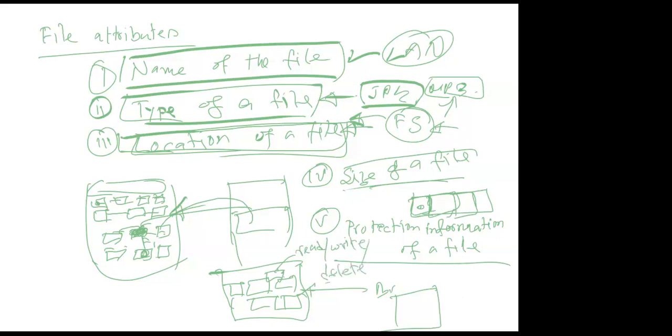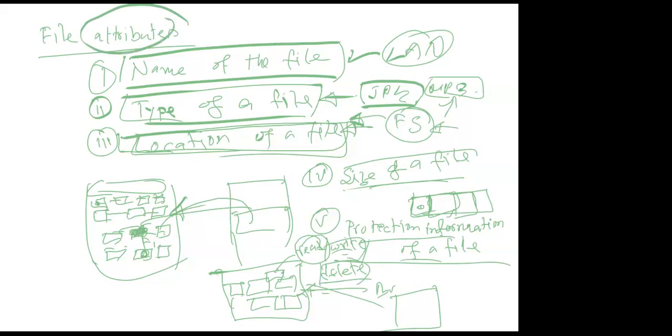If it is a website, my permission should be only to read this file. I cannot write, and I cannot delete. This is the protection. This protection information is one of the attributes of a file.